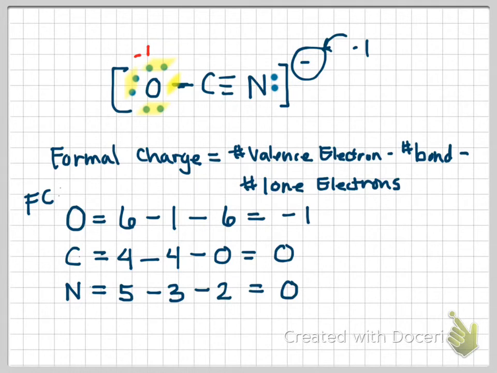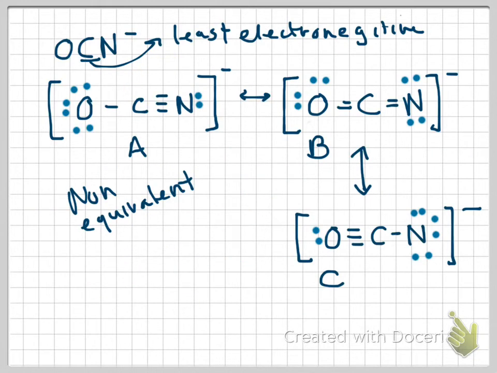And that holds because the only formal charge I have is on oxygen. We can do this formal charge analysis for our other molecules. So if we go back to our 3 equivalent ones, we can put our formal charge here. So my formal charge was on oxygen here, and then the carbon and nitrogen were both 0.